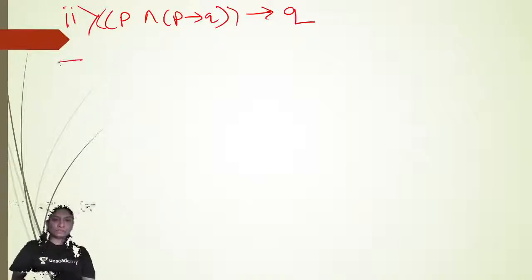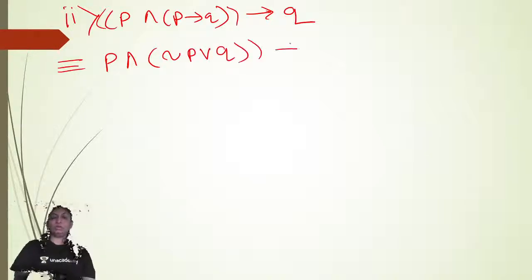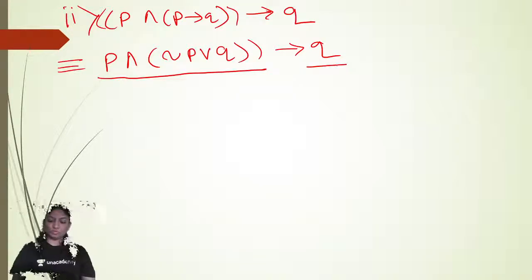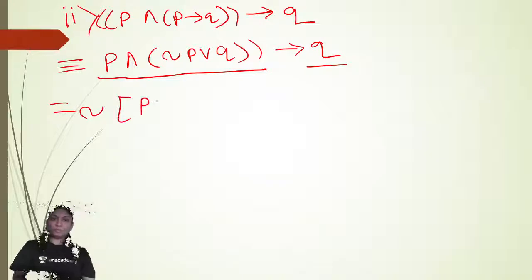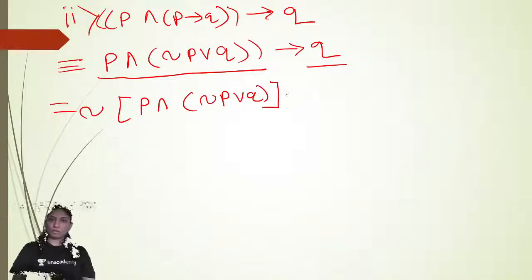First we will convert this conditional statement into and, or. So P implies Q is equivalent to negation of P or Q implies Q. Again, this is your P and this is your Q. So P implies Q means you will get negation of P and negation of P or Q, or Q. Okay, are you getting it?